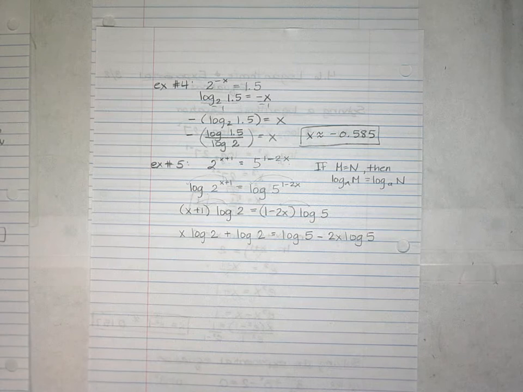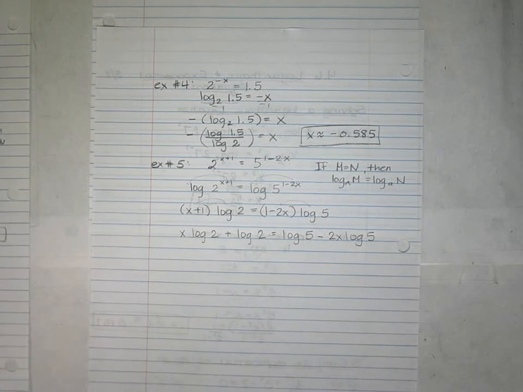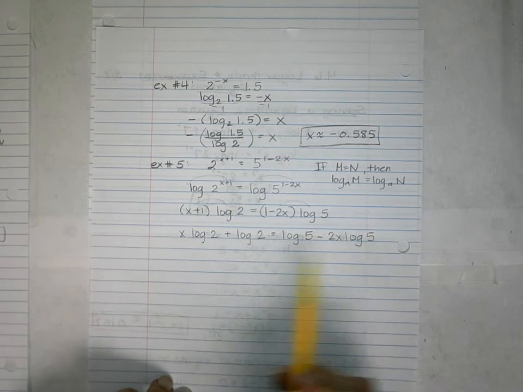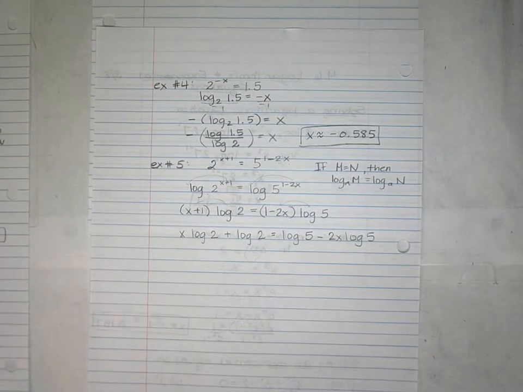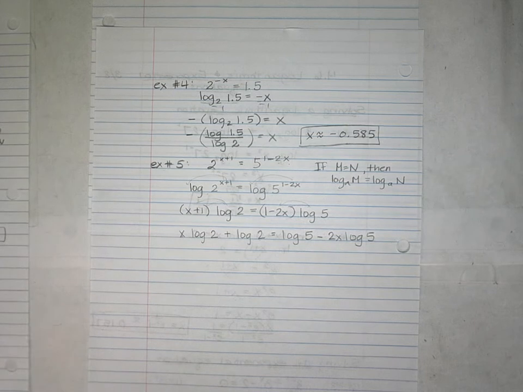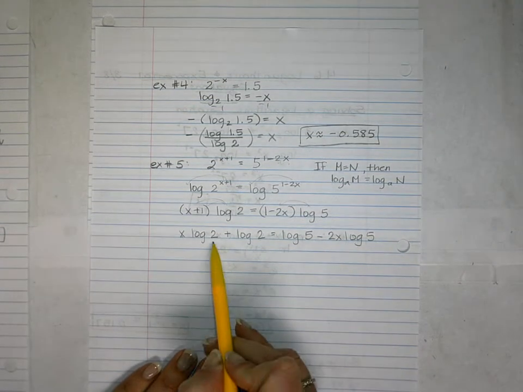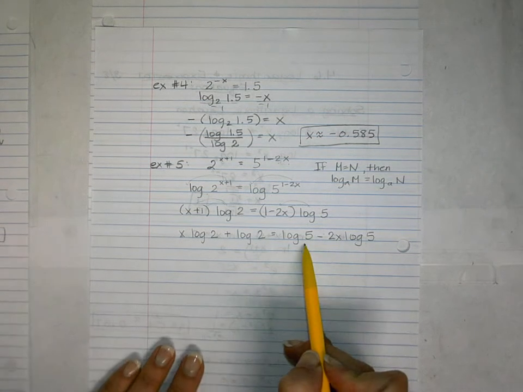My goal is to get x by itself, so keep that in mind. Do you notice I have x's on both sides, and I have plain numbers? Log base 10 of 2 is a number. That's an exponent, it's some type of number. So I'm going to put all my x's on one side and all of my plain numbers on the other.